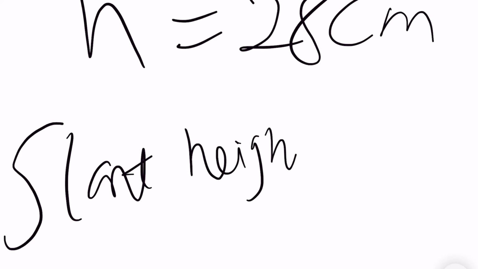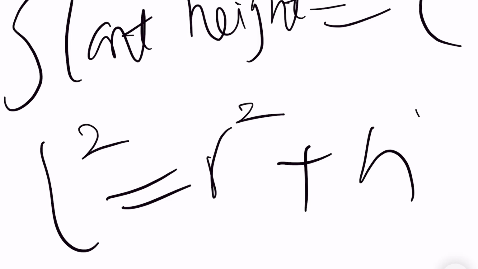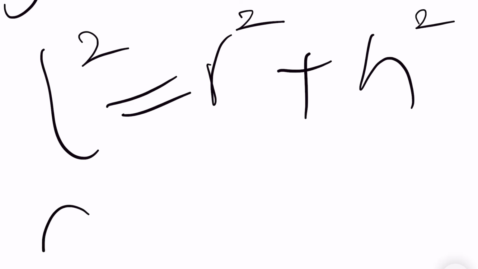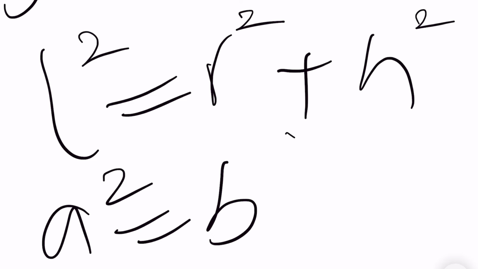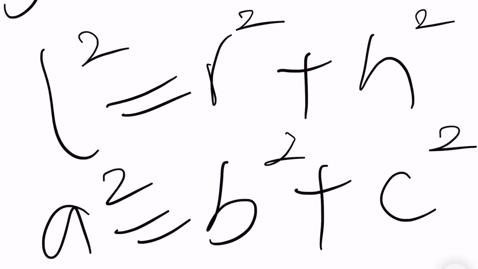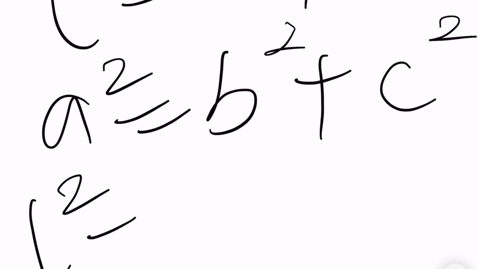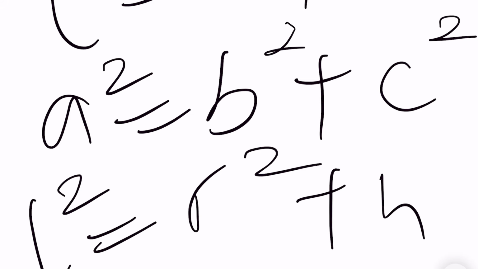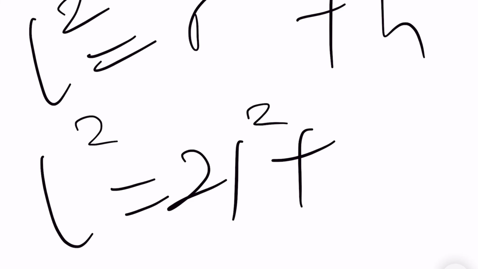Now, for the slant height, which is l, we have l squared to be r squared plus h squared, which is also the Pythagoras theorem, a squared equals b squared plus c squared. So l squared equals 21 squared plus 28 squared.